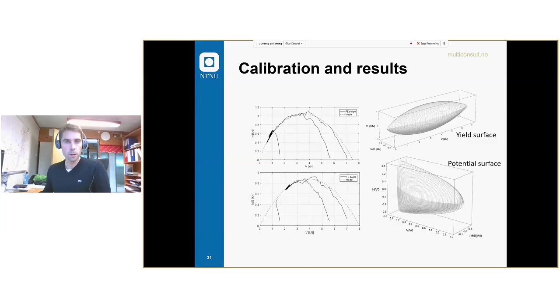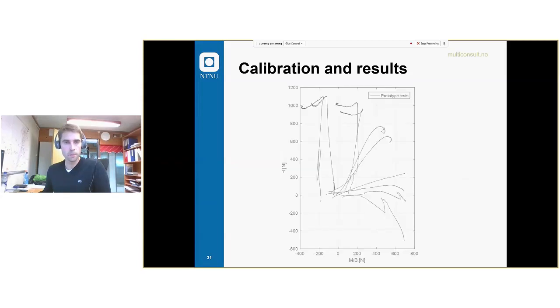Again, we calibrated our model. We modeled our prototype foundation in Plaxis FE software with the correct soil properties and so on, found the yield surface and the potential surface, and then we tested the foundation in the sand bin.